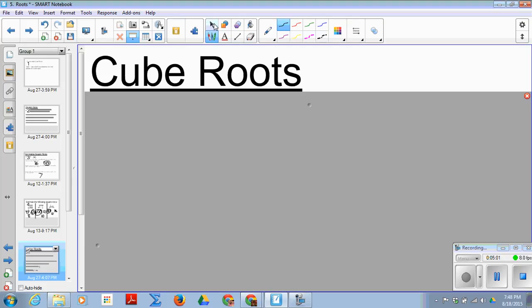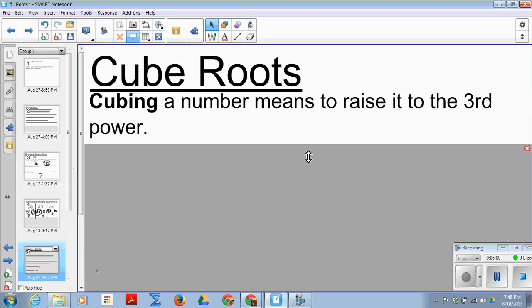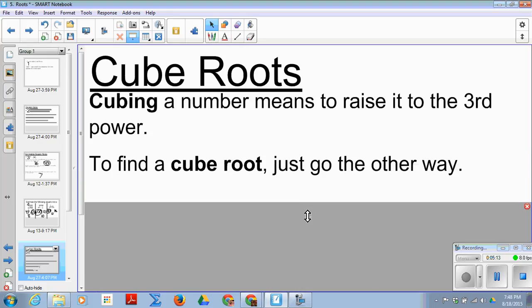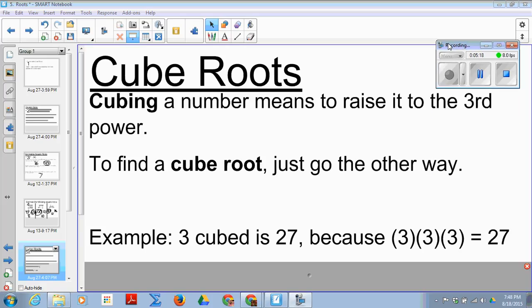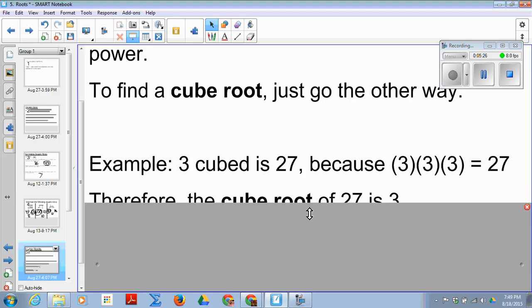Now, on to cube roots. Square roots were kind of the opposite of squaring a number. Cube roots are the opposite of cubing a number. Cubing a number is when we raise it to the third power. So to find the cube root, just go the other way. So 3 cubed, or 3 to the third power, is 27, because 3 times 3 times 3 is 27.